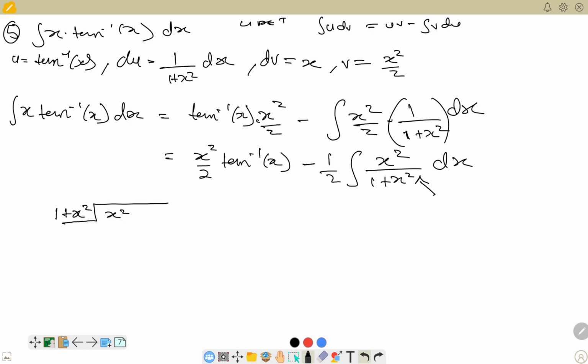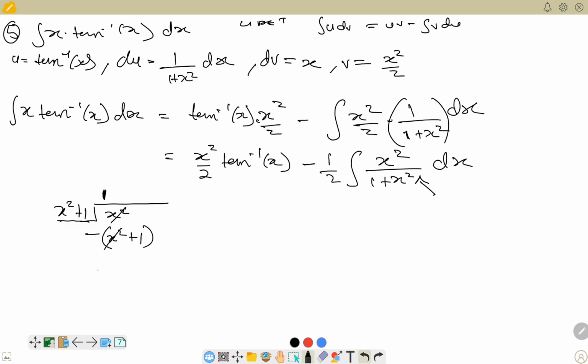Let's write it like this, x squared plus 1. So when we take x squared divide by x squared, we get 1, then we subtract here. 1 times x squared is x squared, 1 times 1 is plus 1.